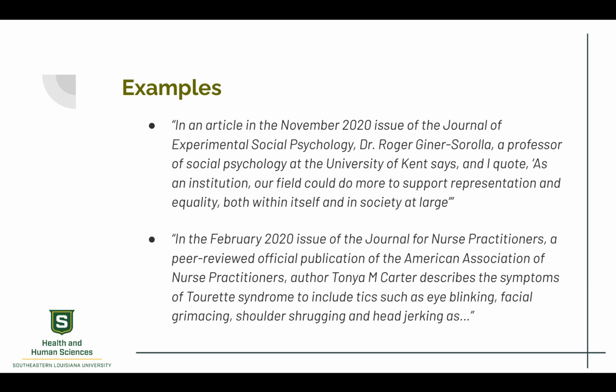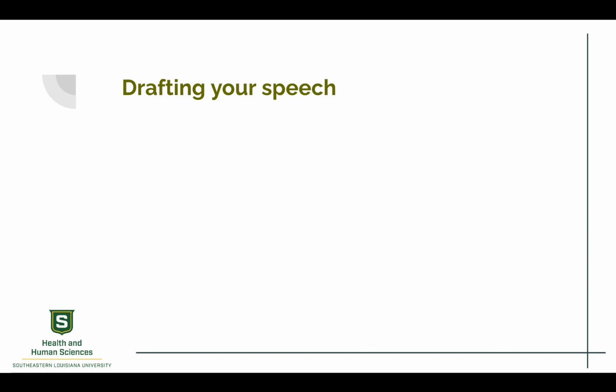So that's two ways you could do your citation. One thing that neither of these citations did was include the title of the paper. Including the title of a paper is always a good idea when you're doing your oral citation, so you guys are aware of that.